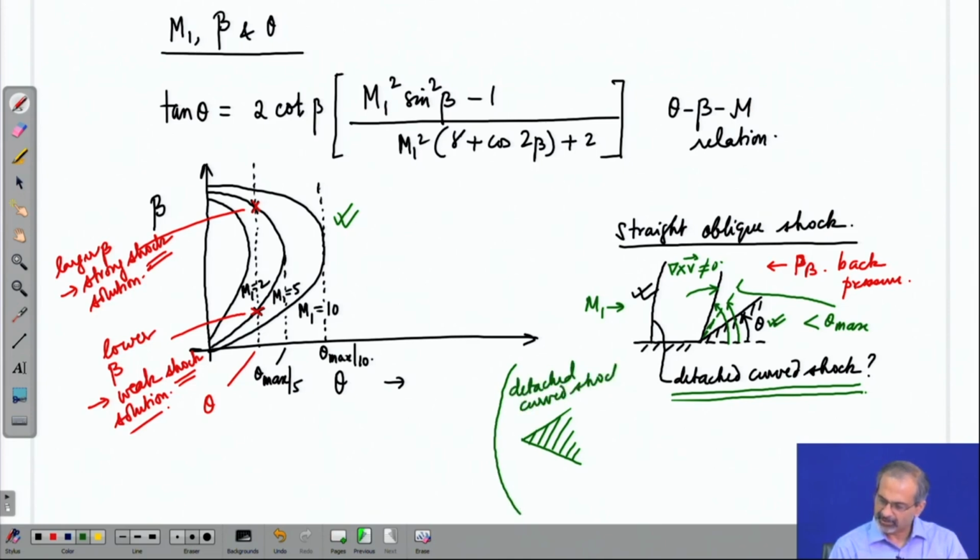This is how it will look. When it remains attached, it looks like this. So, the attached shock solution means you are lying well within the curves corresponding to the Mach number you are talking about, and the moment you are detached, you must have gone beyond theta max. So, this is the interpretation that we get from the theta-beta-M plots.